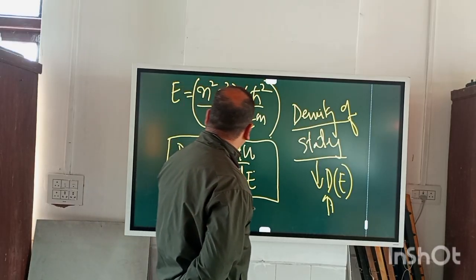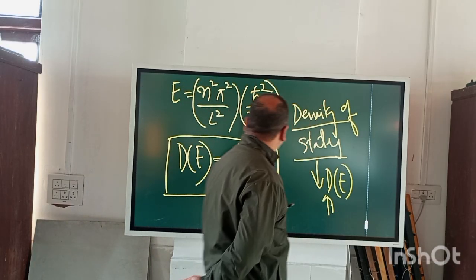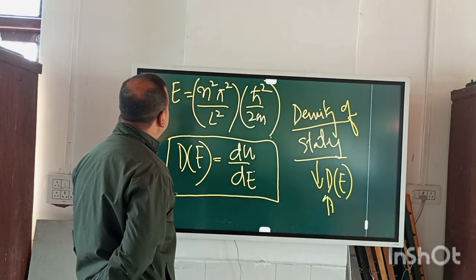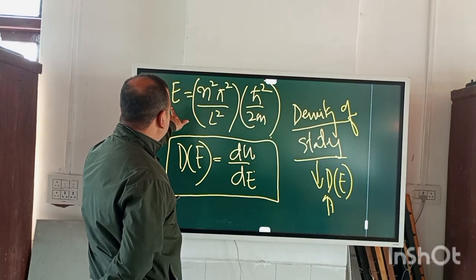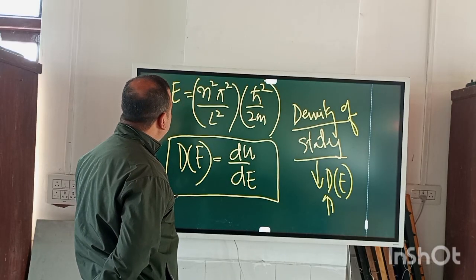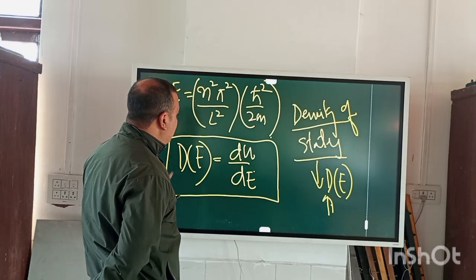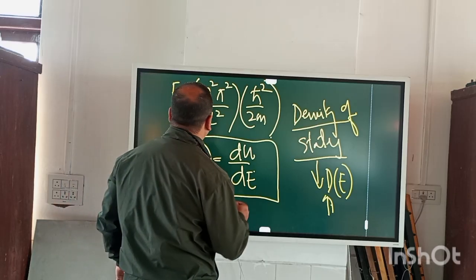I want only n, and n can be calculated from this equation in terms of E. And everything will go up and down. So what will we get?